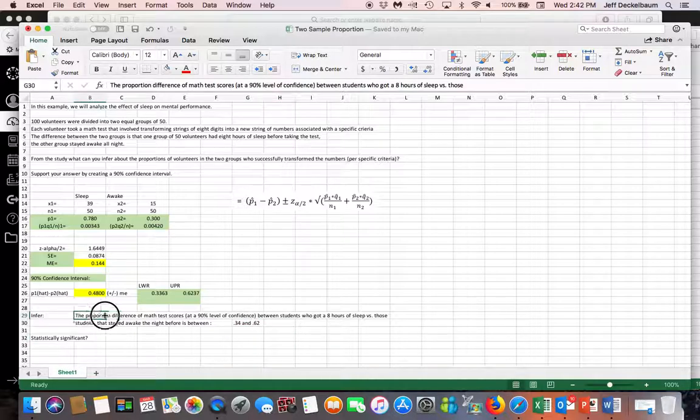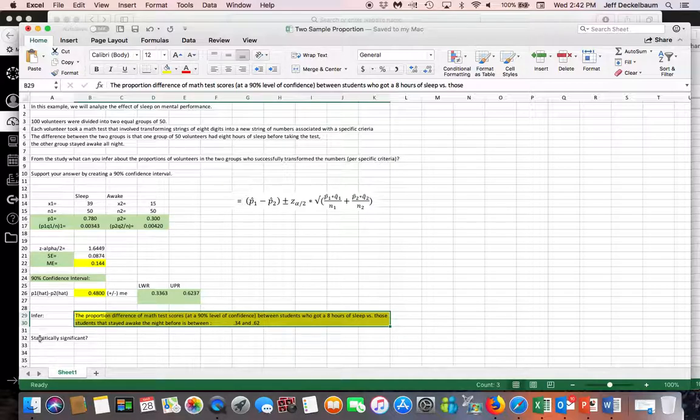Okay, so this is what we infer. And let me just state it again for the record. The proportion difference of math test scores for this type of testing at a 90% level of confidence between students who got 8 hours of sleep versus those students that stayed awake the night before is between 0.34 and 0.62.